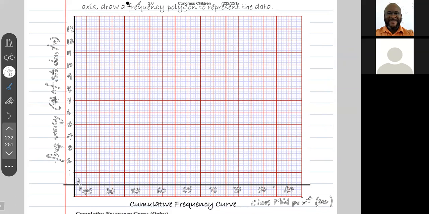All right. Everybody should be aware by now that on the horizontal axis, each of the very small 2 millimeter divisions is representing 0.5. So the points I'm going to plot are the class midpoint and the frequency.